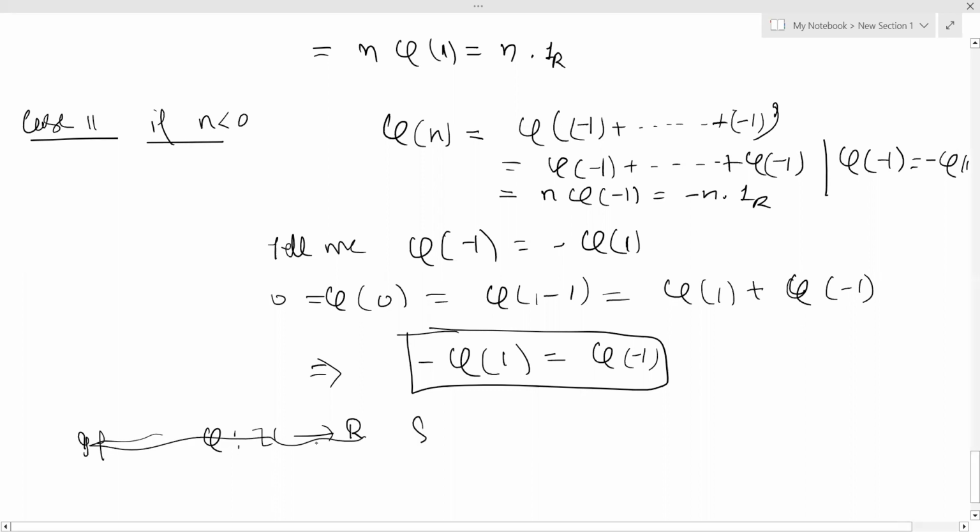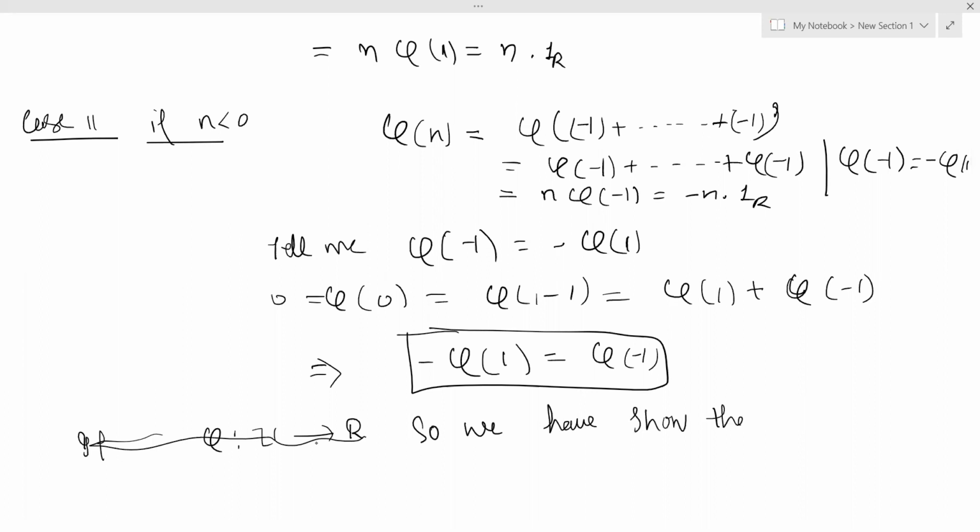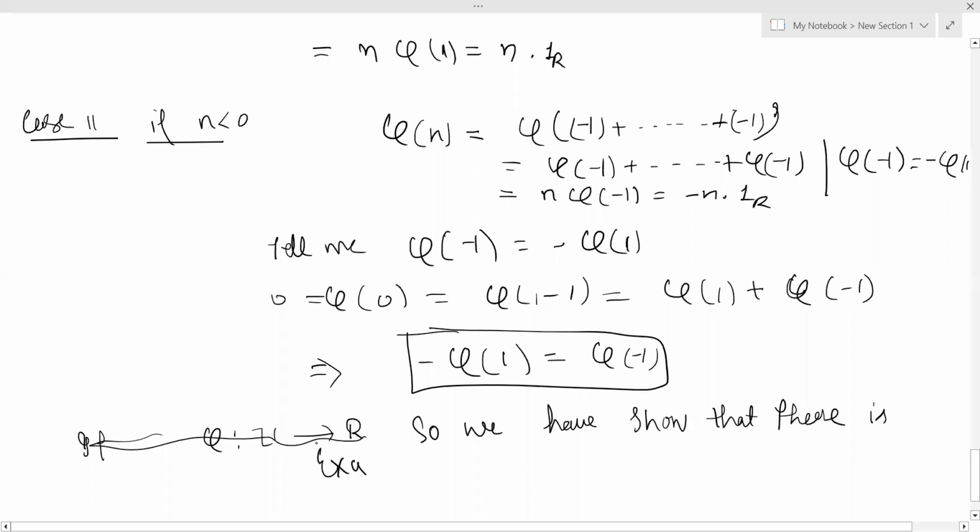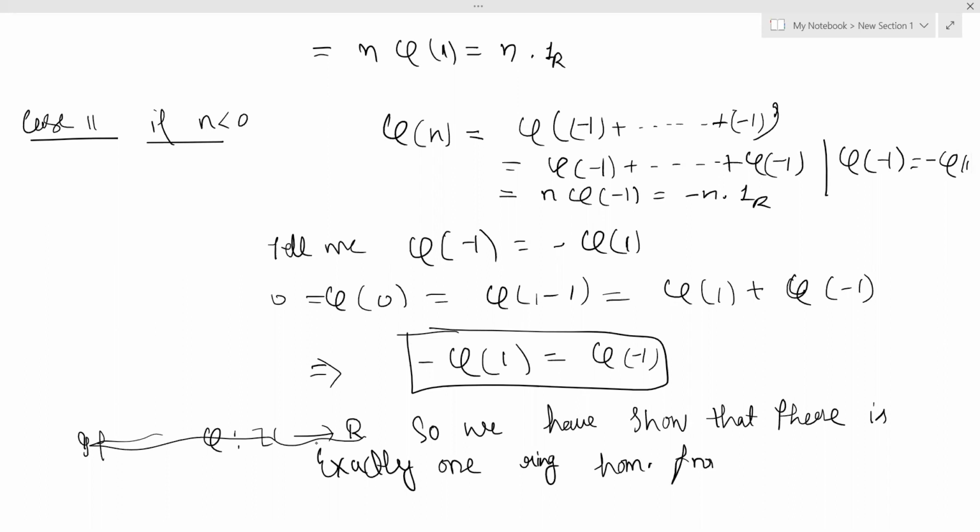So we have shown that there is exactly one ring homomorphism from Z to R.